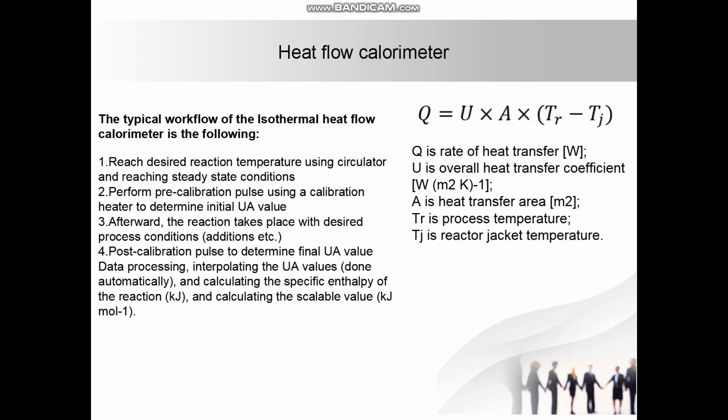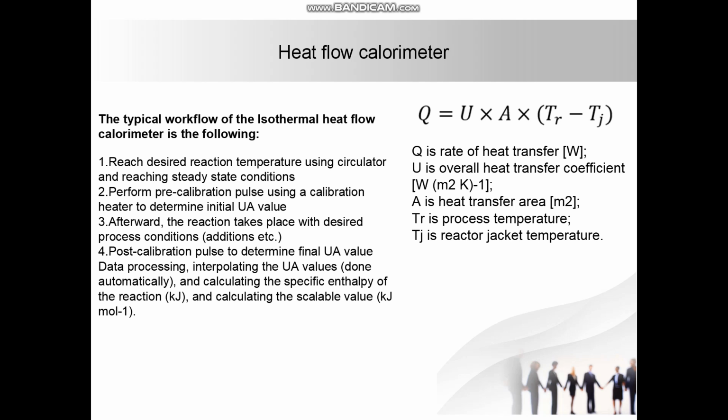In the heat flow calorimeter, the procedure of reaction is as such: first reach the desired reaction temperature using a circulator. For example, if the reaction is taking place at 80 degrees centigrade, first the entire setup will be taken to 80 degrees centigrade. Then a pre-calibration pulse is done.